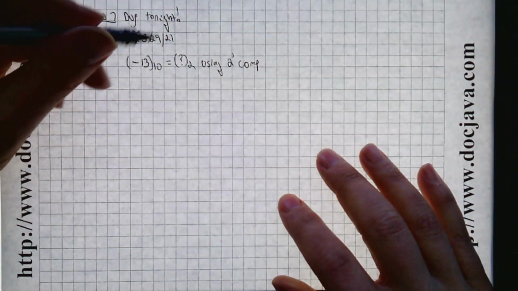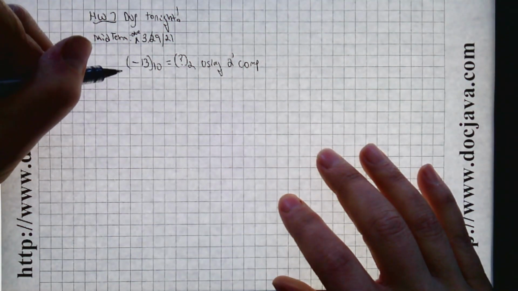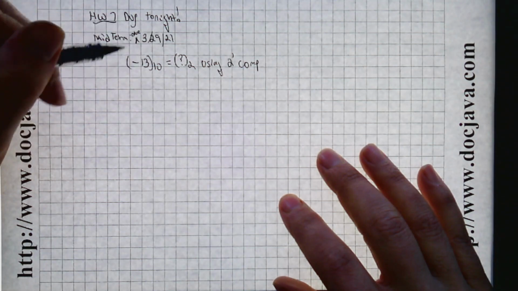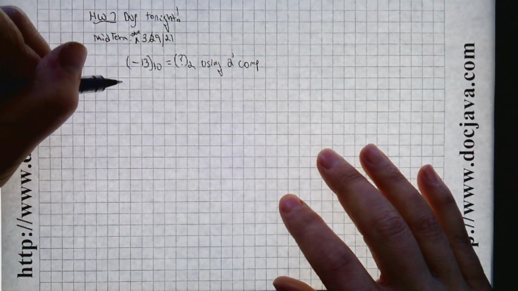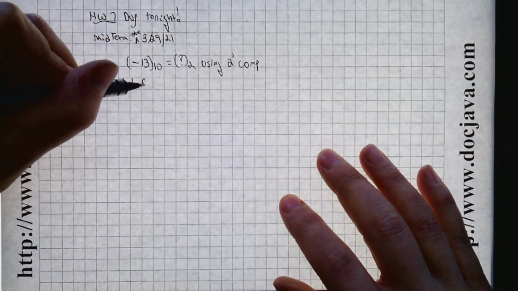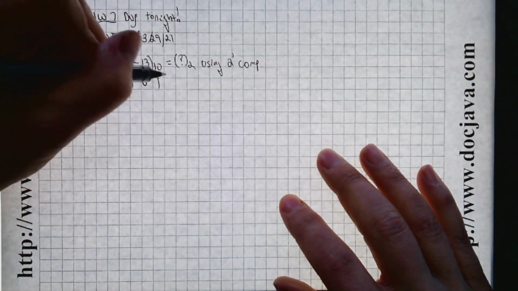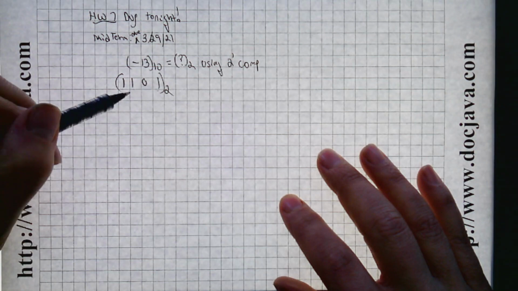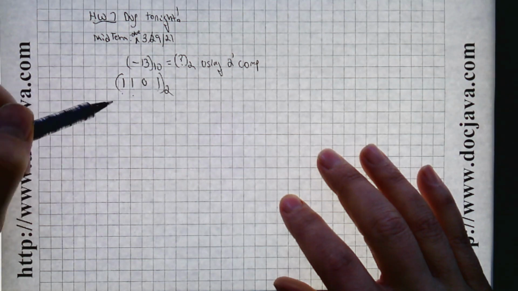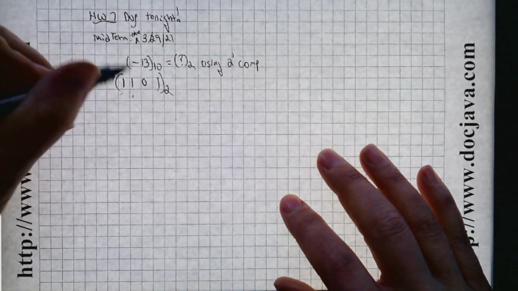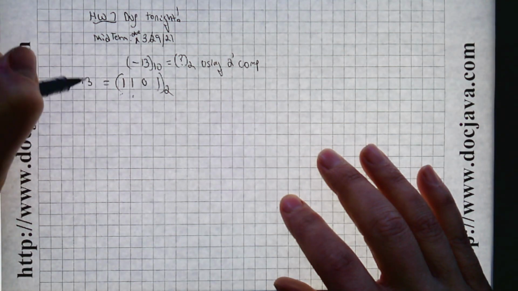So anyways, we have this number, negative 13, and we want to know what is the 2's complement representation for minus 13. So let's start with the positive number. That's the 1's, that's the 4's, and that's the 8's. So 8 plus 4 is 12, plus 1 is 13. So that is equal to positive 13.